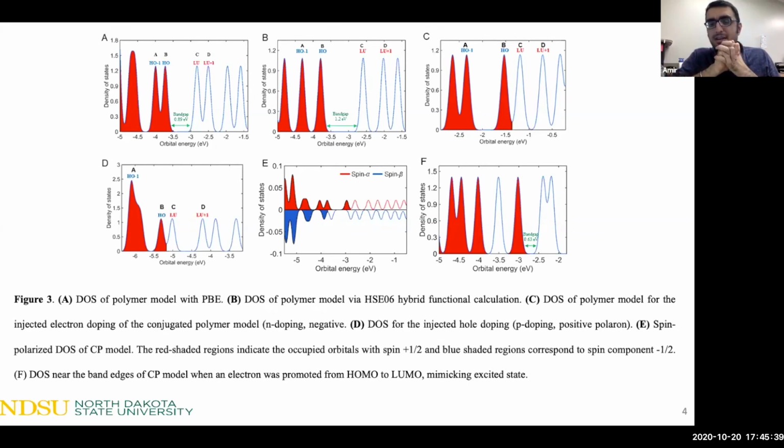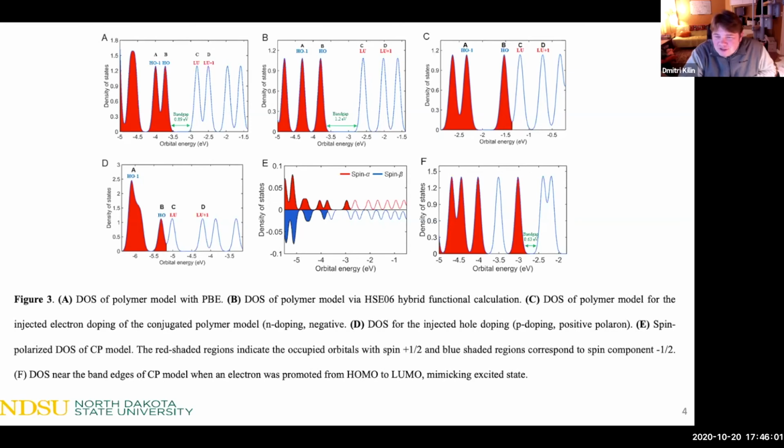In figure F, via the Fermi command, we promote two electrons from an occupied orbital to an unoccupied orbital. So that is just to mimic the excited state.